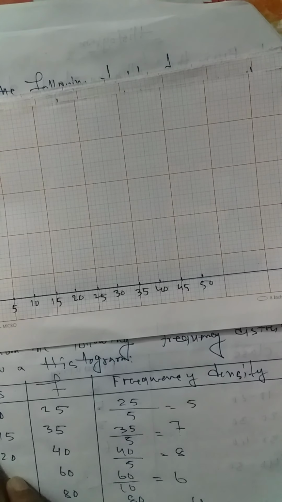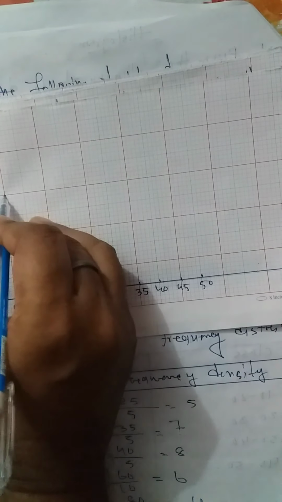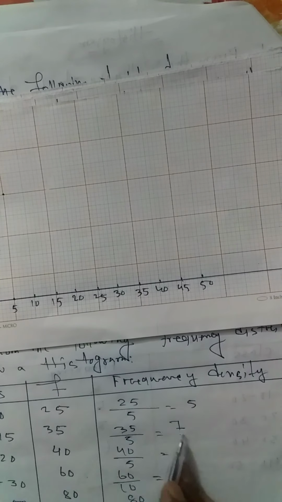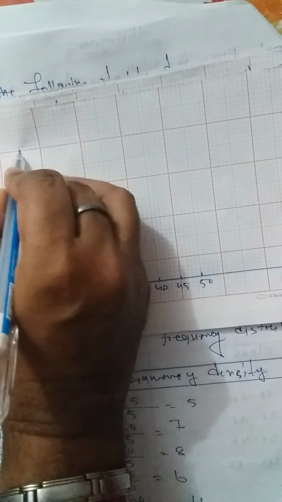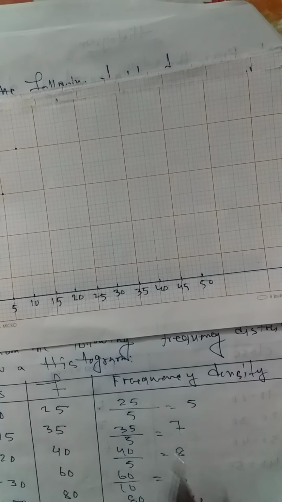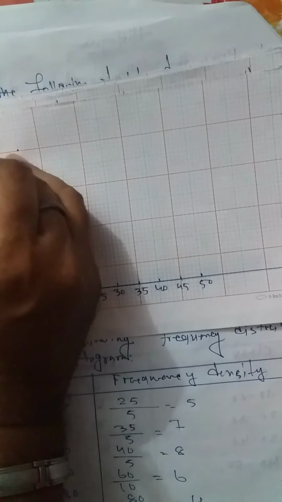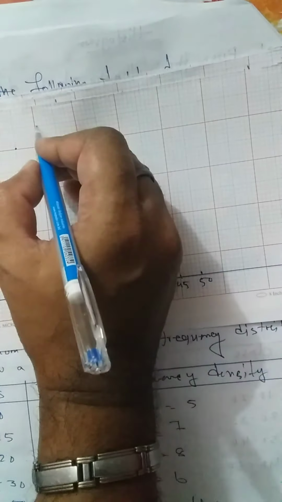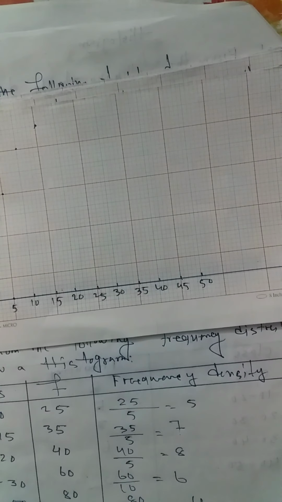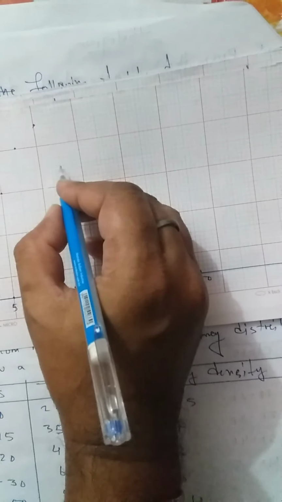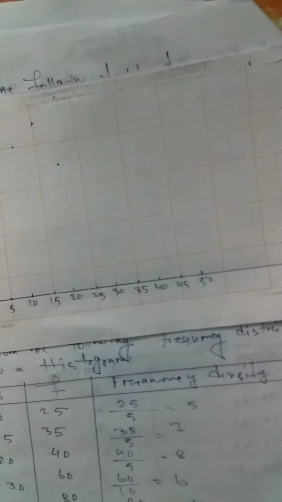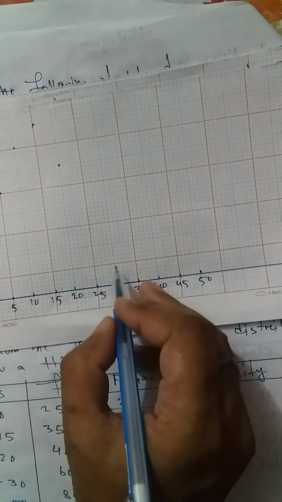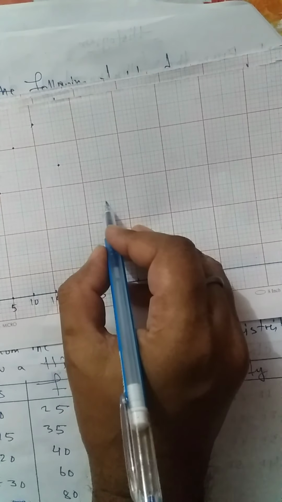Now 5 to 5, give the points. 10 to 7, give the points. 15 to 8, give the points. 20 to 6, give the points. 30 to 4, give the points.